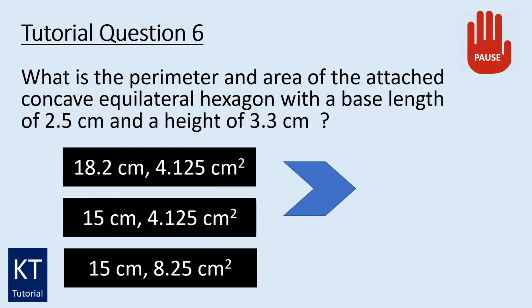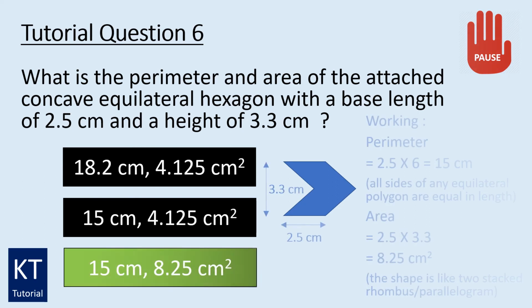Tutorial question 6. What is the parameter and area of the attached concave equilateral hexagon with a base length of 2.5 cm and a height of 3.3 cm?